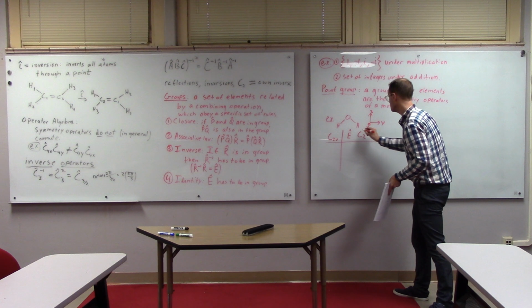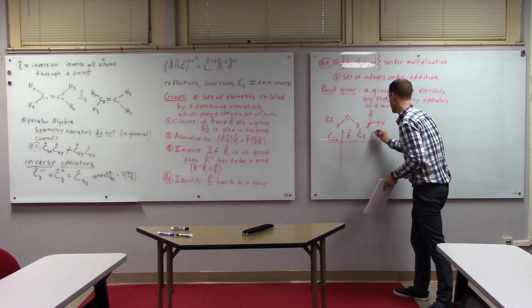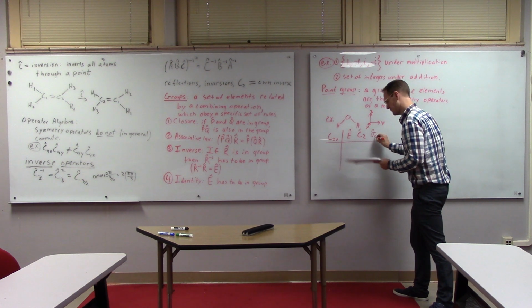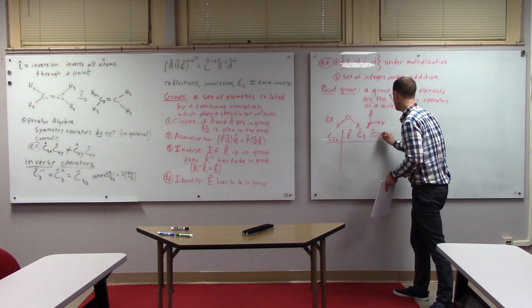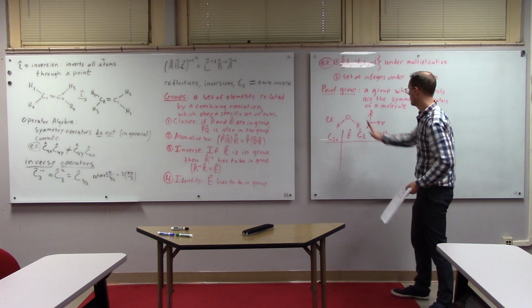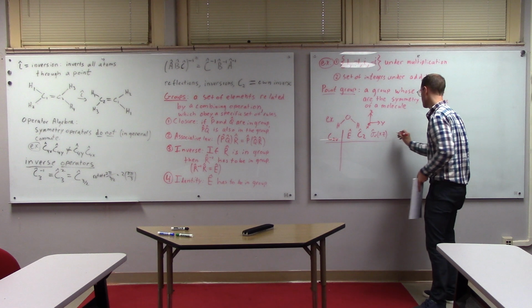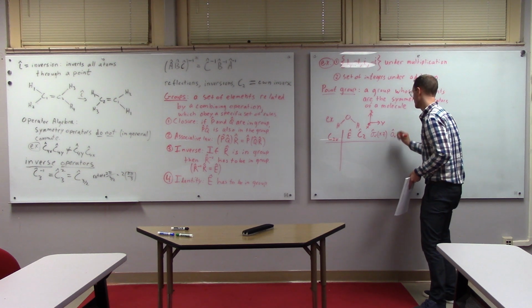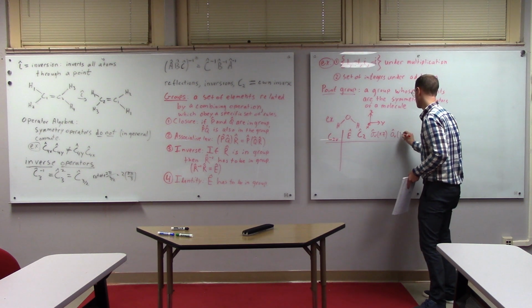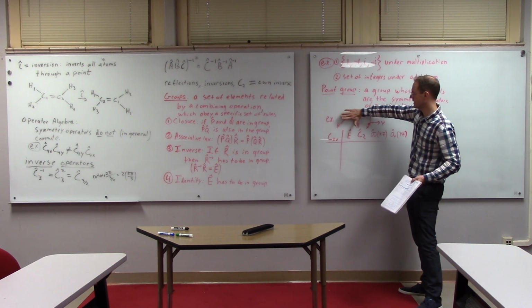And it's also got two reflection planes. It's got a sigma V in the XZ plane, right? So you can reflect across this plane here, or it's got a sigma V in the YZ plane, which would correspond to reflecting in the plane of the board.